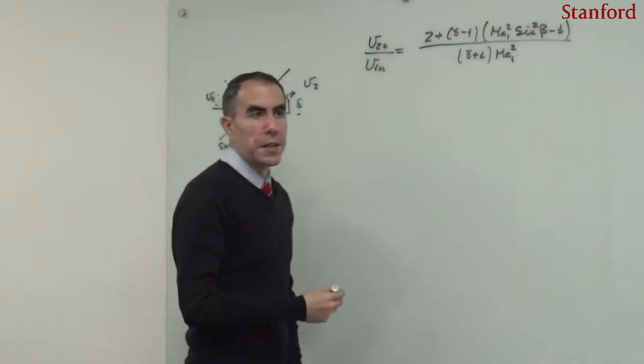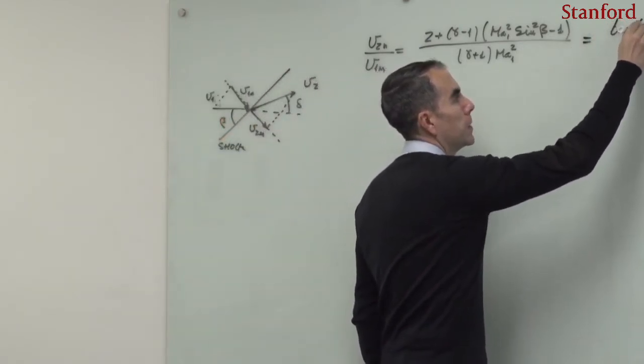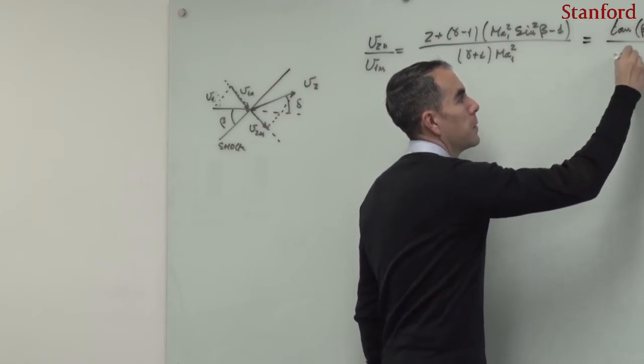This quantity is also equal to the tangent of beta minus delta divided by the tangent of beta.